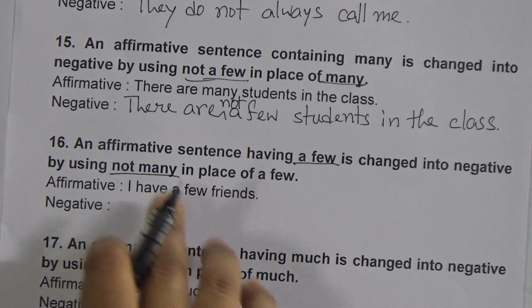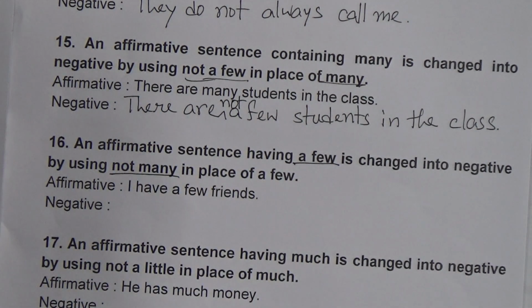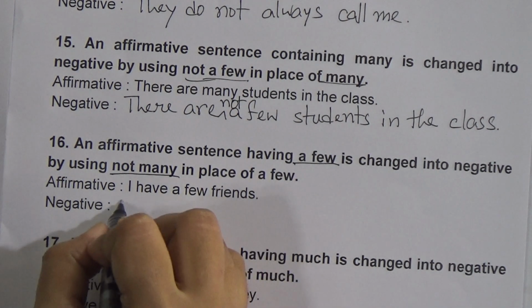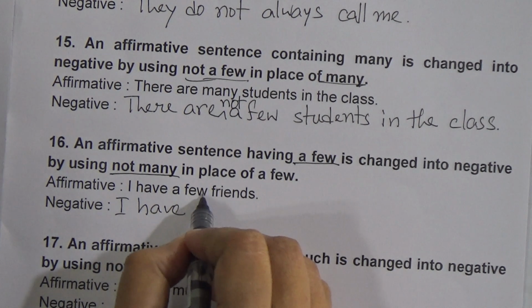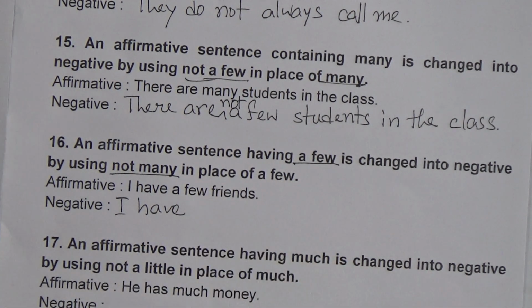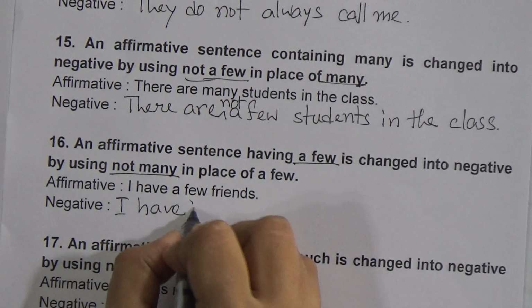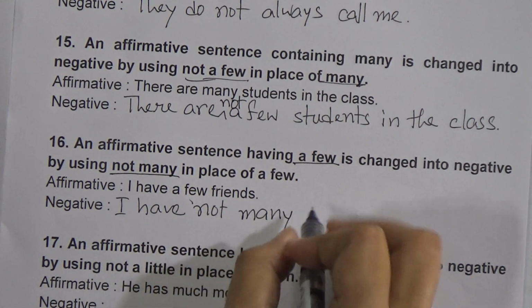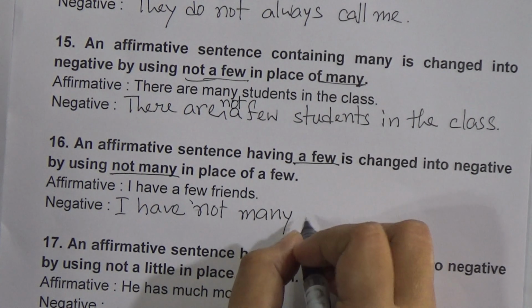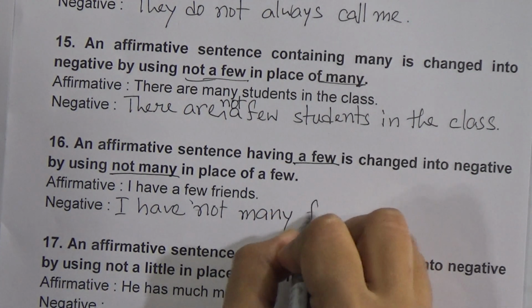So let's do it. I have, and in place of "a few" we will write "not many." I have not many. Now the rest of the sentence: I have not many friends.